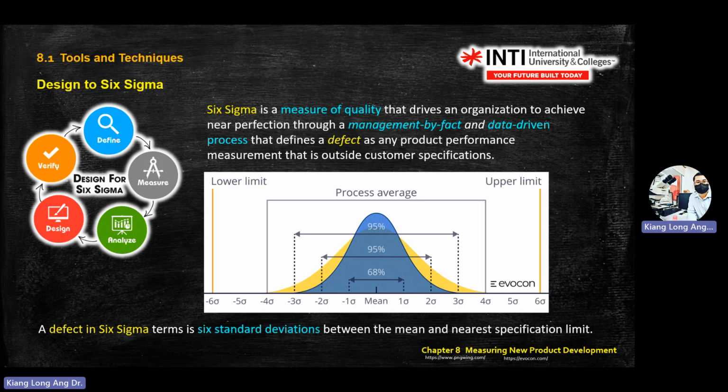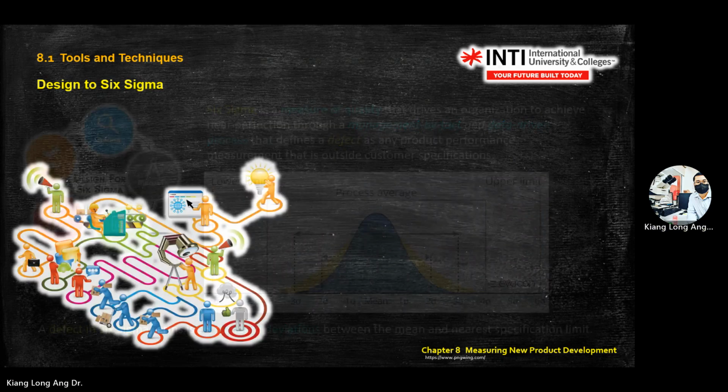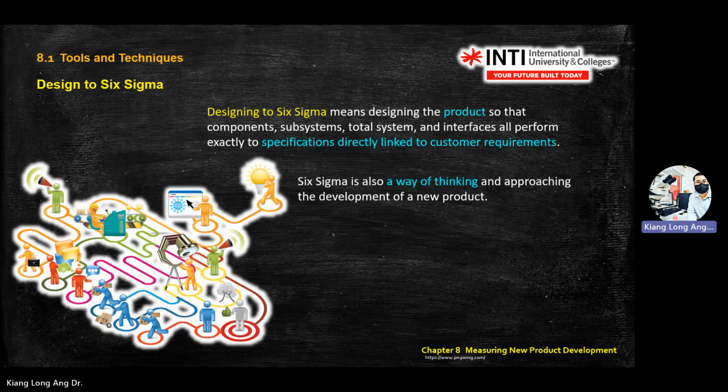If all your data is between these two orange color lines, it means every time your process is meeting the specification. Okay. Design for Six Sigma is designing a product that meets the specification of what your customer wants.